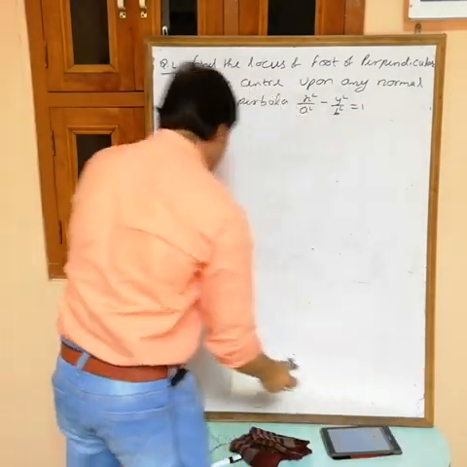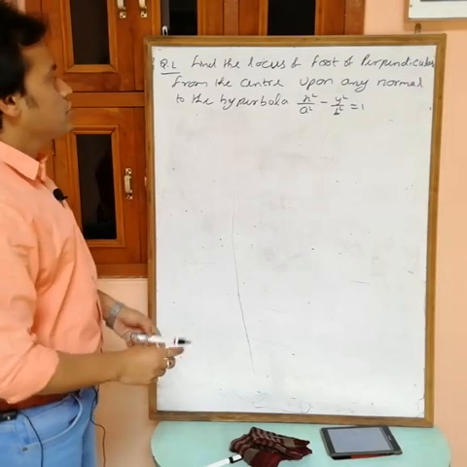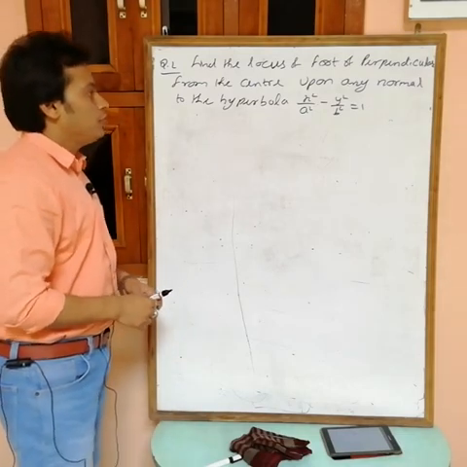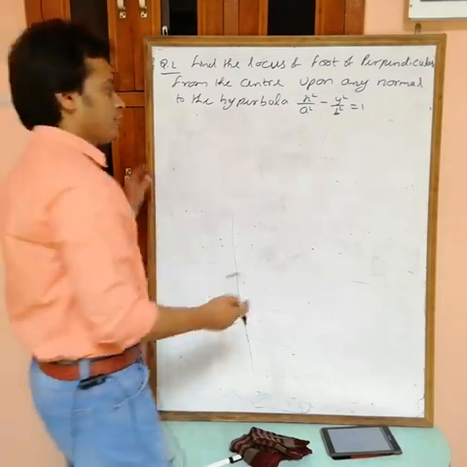Okay. So what do you want? Locus of the foot of perpendicular from the center upon any normal. Okay, simply see.